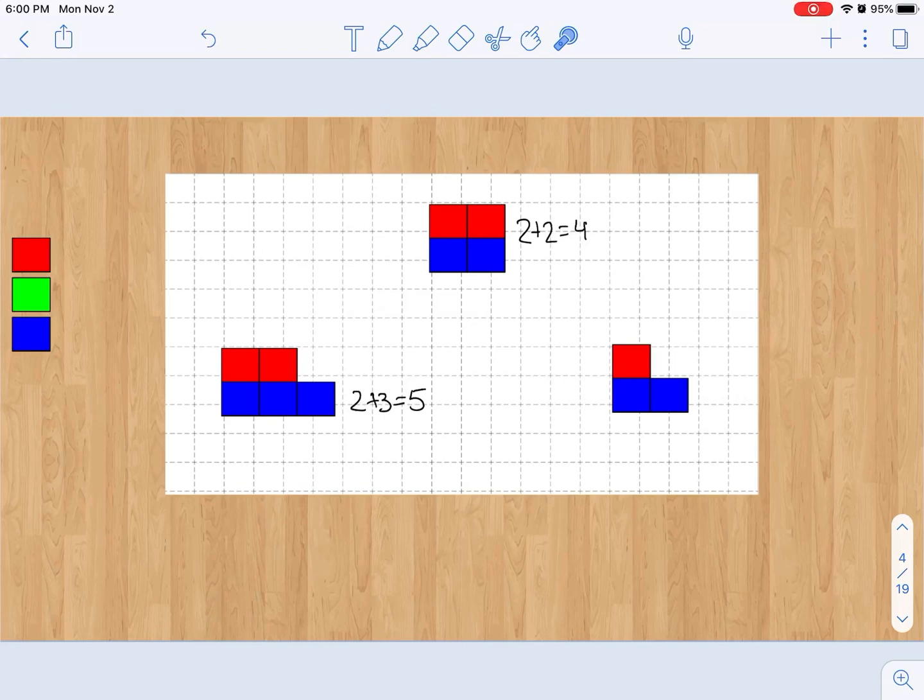What equation can we write for this arrangement? If you wrote 1 plus 2 equals 3, you are correct. Is this equation a doubles or a doubles plus or minus 1 fact?